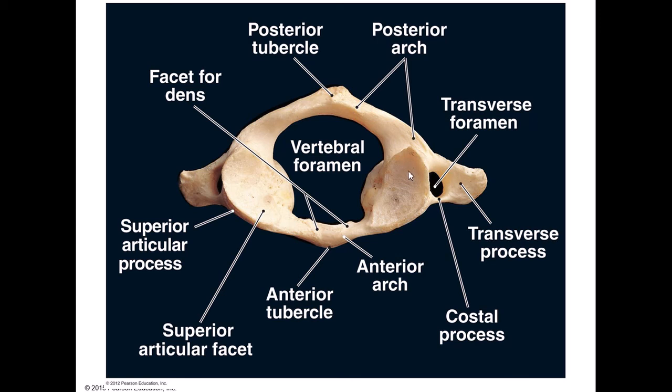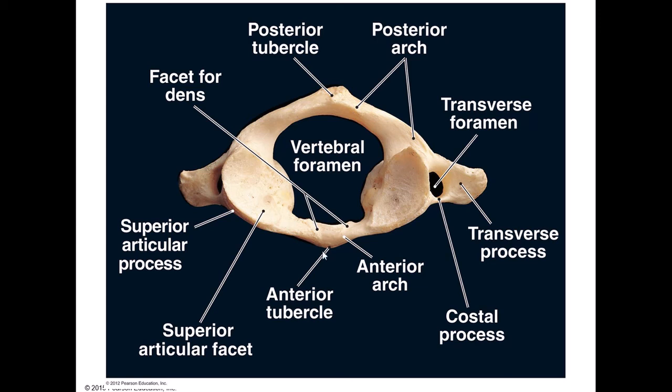And then here, this is going to be the top of the lateral mass. This is the superior articulating process. This is where the occipital condyles are going to sit, and it would be over here also. These are where the occipital condyles would sit. If we were to turn this vertebrae over, and you can do this in lab, you would feel the inferior articulating process, and that's where this vertebrae sits on C2.